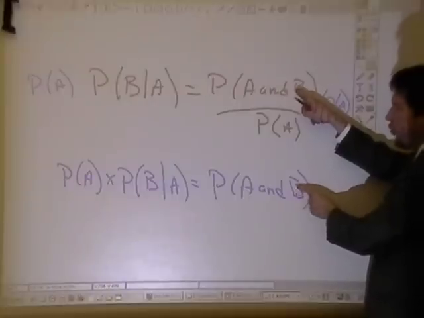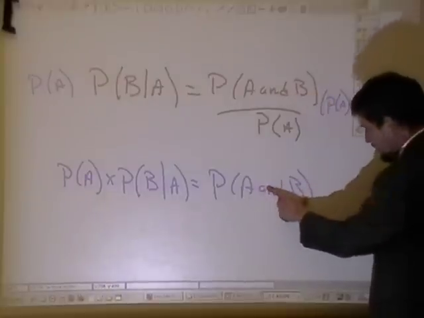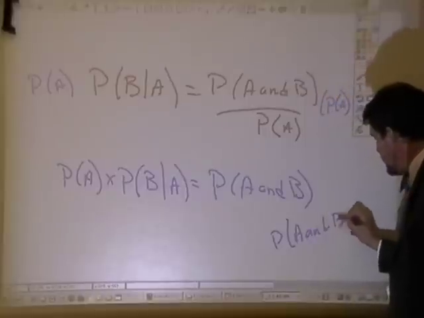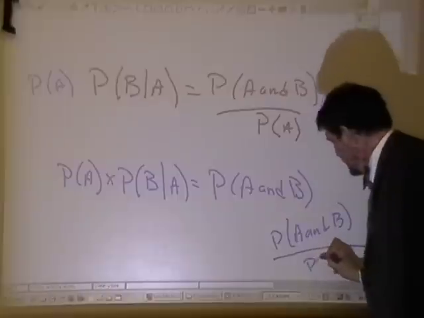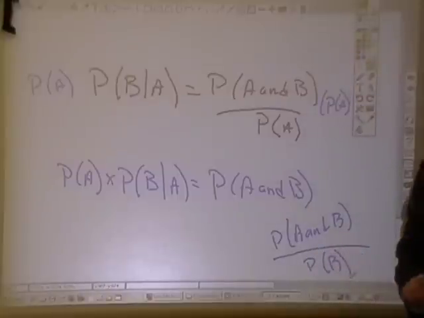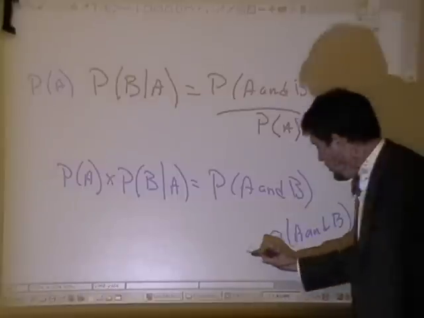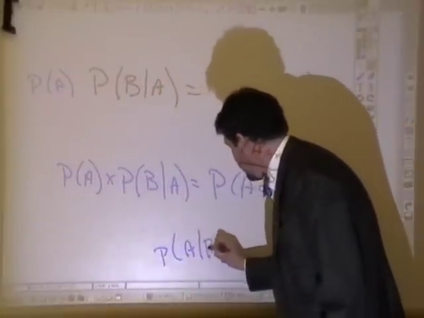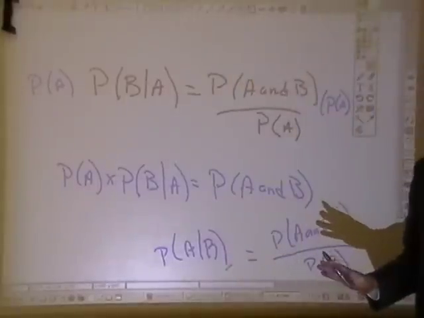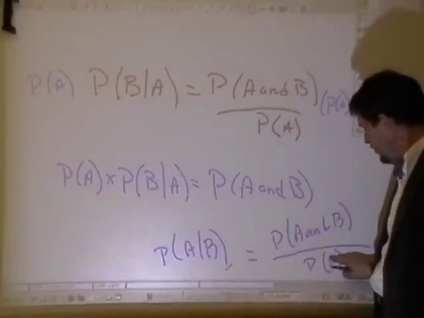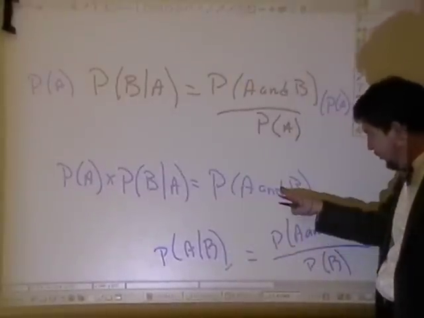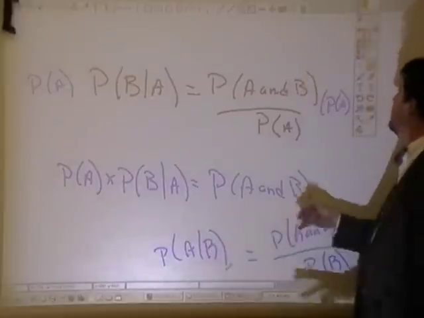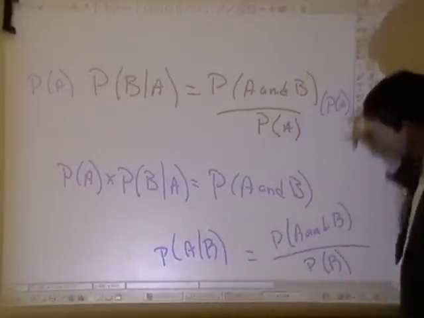So if I take this statement, the probability of A and B, and if I knew the probability of B, that would give me the probability of A given that B has happened. So if I knew the probability of B happening, and I found this, then I have the probability of A and B, which means I've switched those two around.